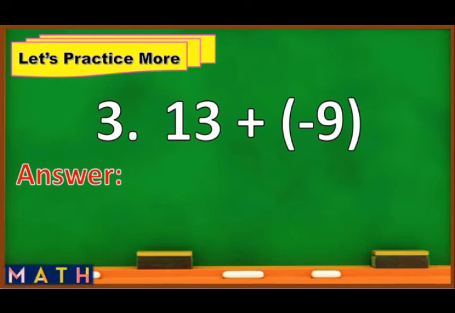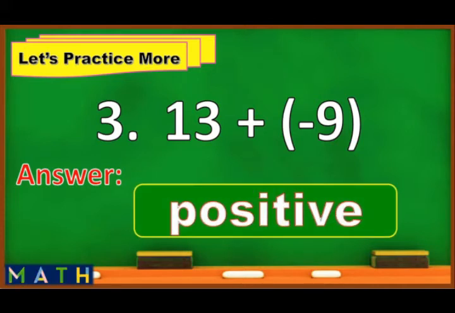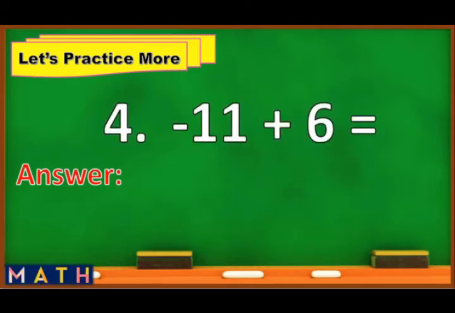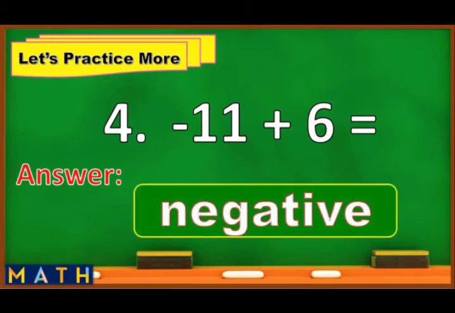The sum of the two integers, positive 13 and negative 9, is a positive integer. You get it right. For item number 4, negative 11 plus positive 6, what is your answer? When negative 11 and positive 6 are added, the result is a negative integer.